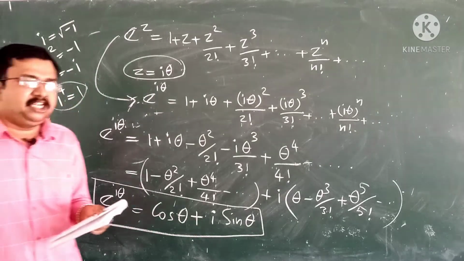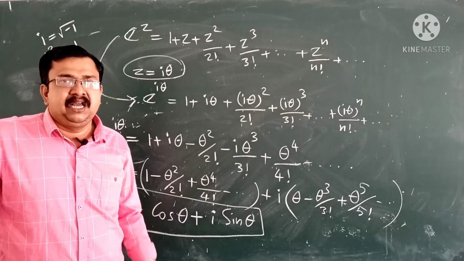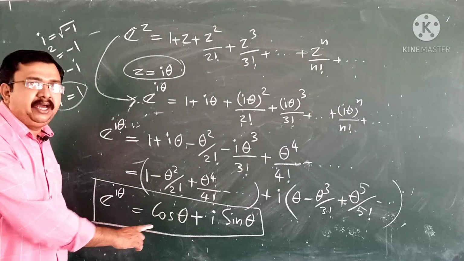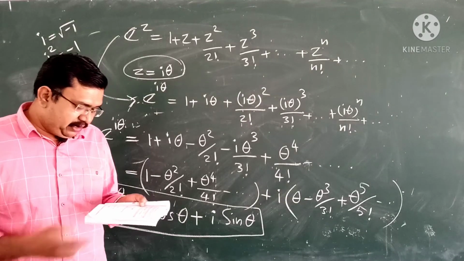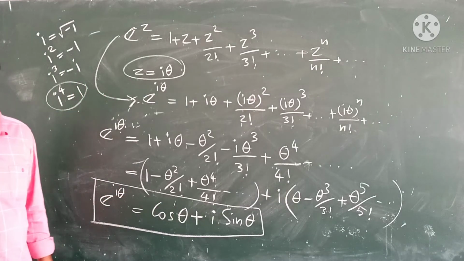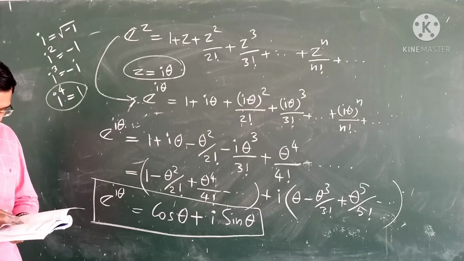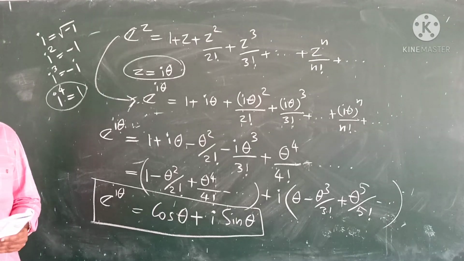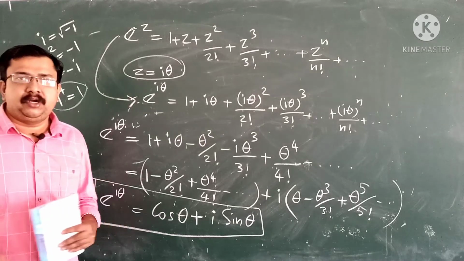This relationship is known as Euler's formula. Remember that this relationship is called Euler's formula. Very important. Please write this down in your notebook.